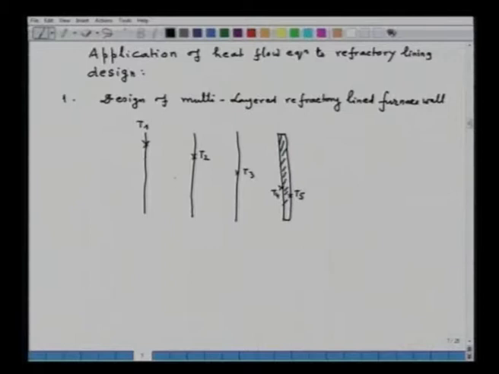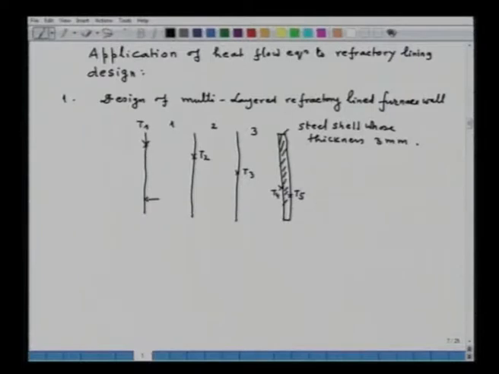Now, this is the one wall, second, third, and this is the steel shell, whose thickness is 3 millimeter. So, this is wall 1, wall 2, wall 3.